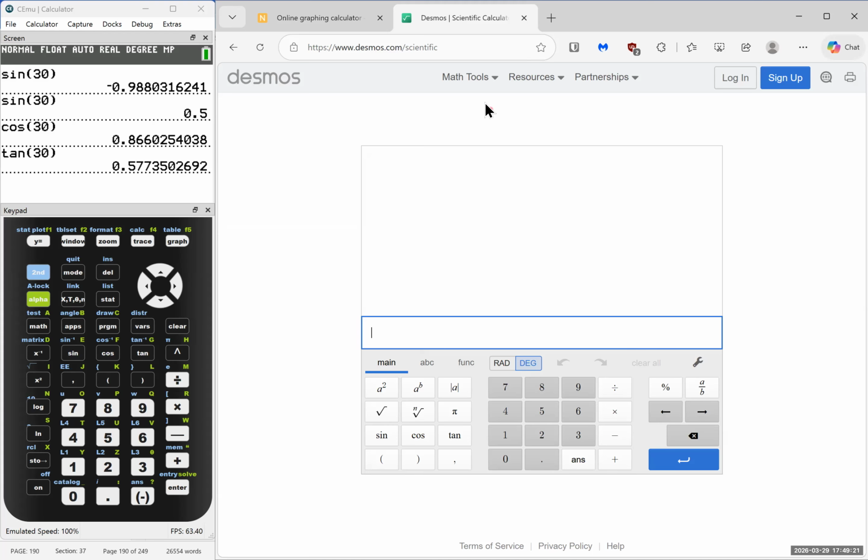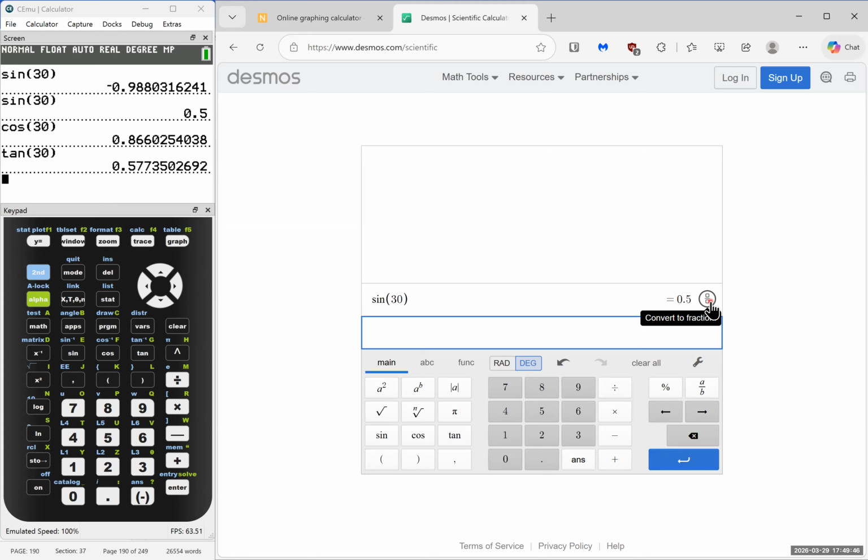Instead, you're going to want to use the scientific calculator. And the scientific calculator, you can see it's got radians and degrees right on the front. So it's pretty easy to not forget. And with it on degrees, you could just hit sine of 30 and hit enter, and it gives you 0.5.